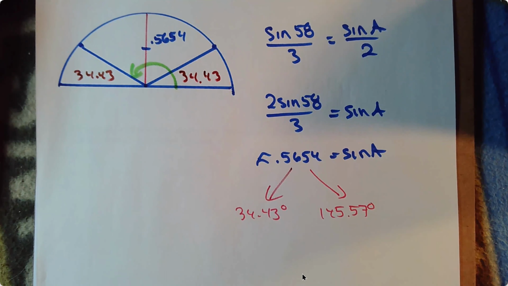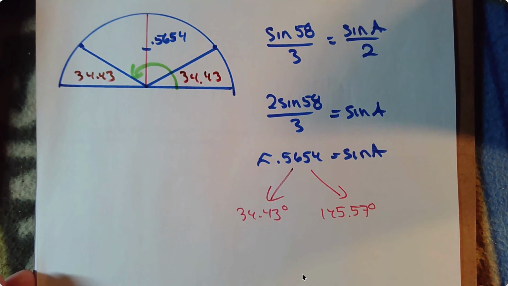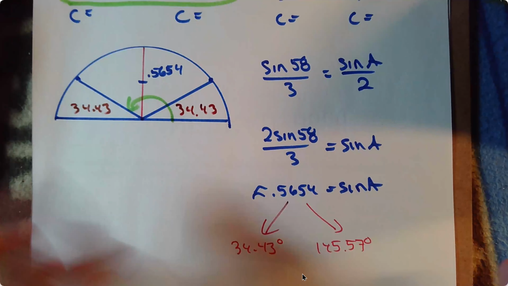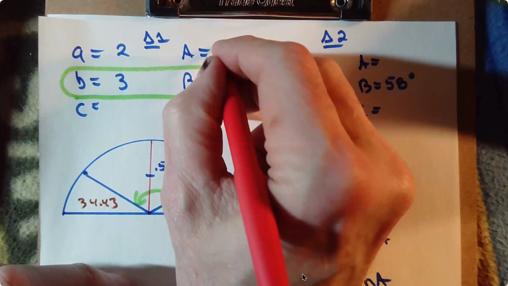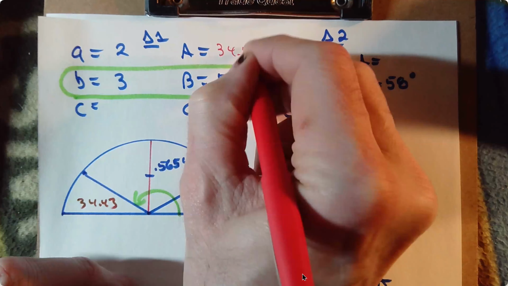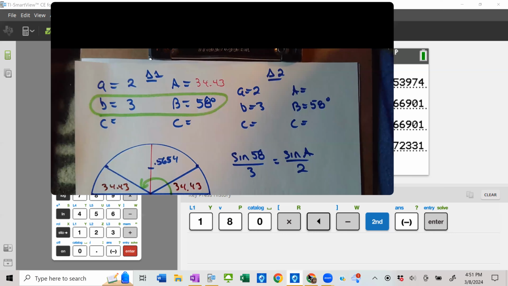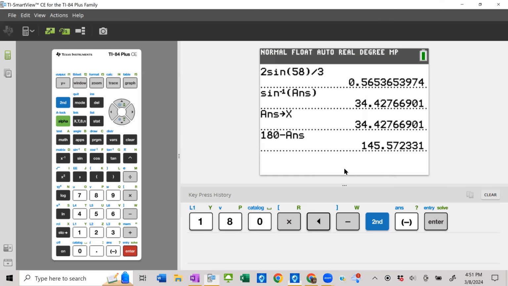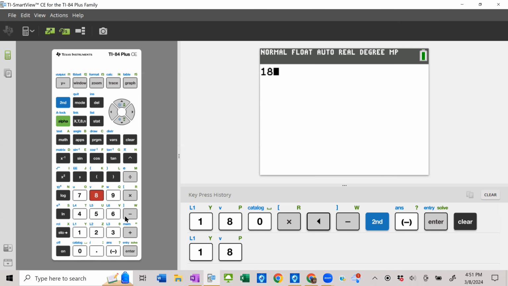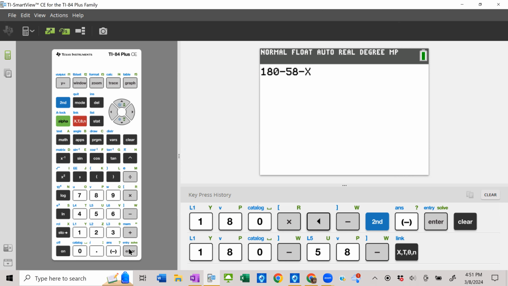Okay, let's take a look at these. 34.43 fits in nicely in this one. Let's see here. It's going to be 180 minus 58 minus x, which we stored earlier.